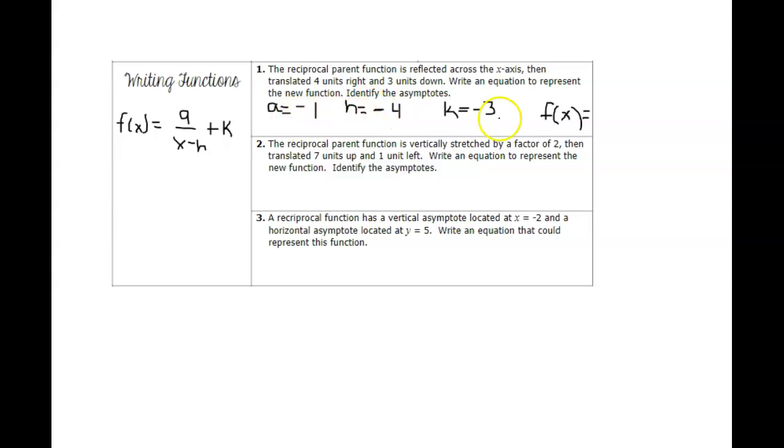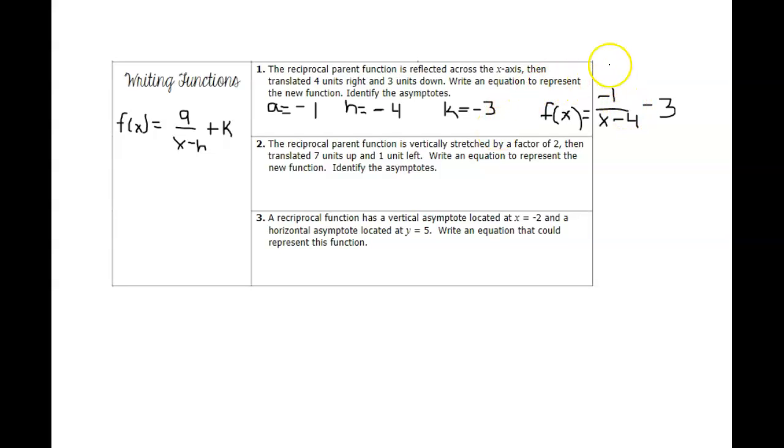So I got negative 1 over x, and my h is negative 4, minus 3, which is my k. I just go ahead and substitute.